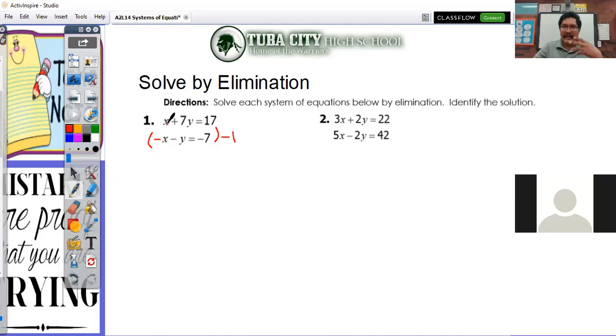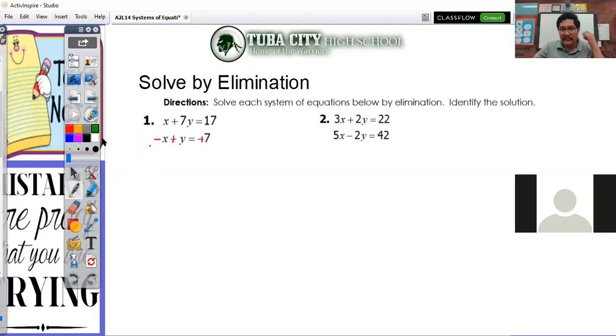And when I combine them, then it will drop out. It'll eliminate. But that's going to cause me to have to switch the signs on everything. So x is now negative, y is now positive, and 7 is now positive. I'm going to go ahead and remove these. You don't have to do this. I'm just doing it so it's easier for you to follow along. But anyway, the signs of everything have been reversed now.